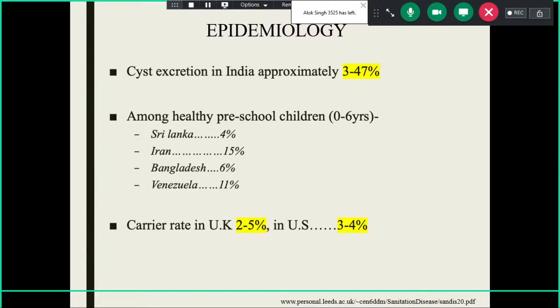It depends upon the community which you are testing, whether it is a child or adult or affluent society. Among preschool children in different countries, it is found Sri Lanka 4%, Iran 15%, Bangladesh 6%, Venezuela 11%, and in developed countries like the UK and US, it is 2 to 4%.